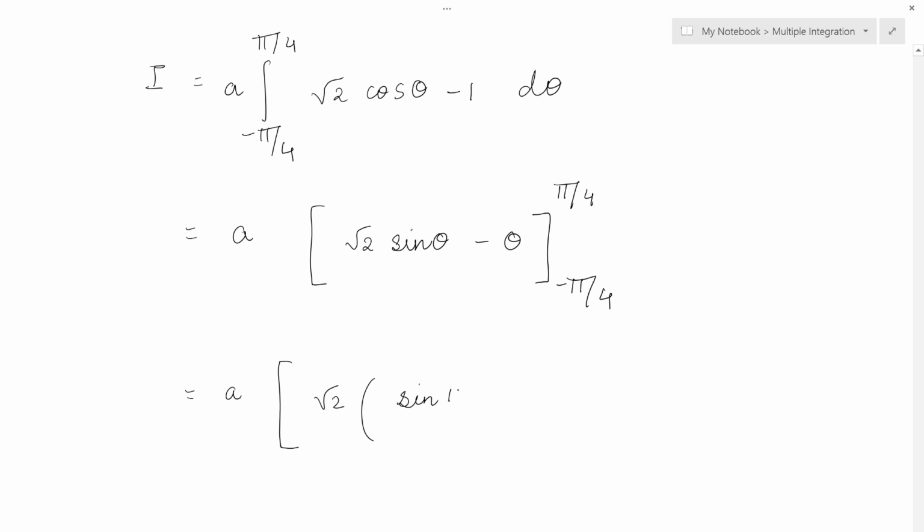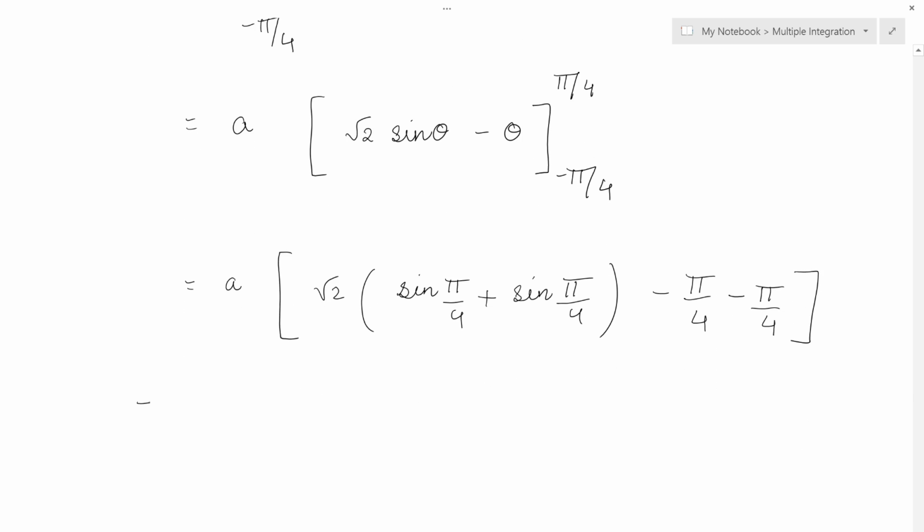That will be sin pi by 4 plus sin pi by 4, and minus pi by 4 minus pi by 4. So the final answer for integration will be a into root 2 minus pi by 2. So this is the answer.